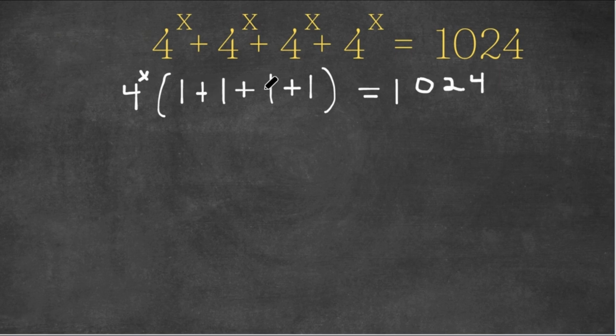Now 1 plus 1 plus 1 plus 1, this is 4. And I'm still multiplying this with 4 to the power of x. And this equals 1024.